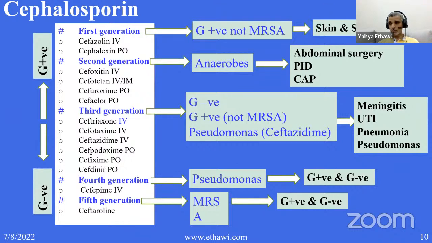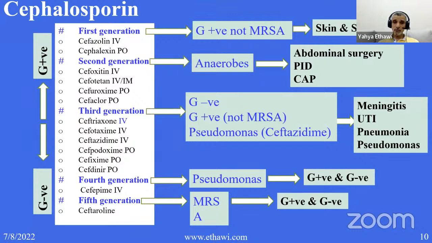They are very good for meningitis because they can invade the meninges. They are very good for UTI, pneumonia, and if you suspect Pseudomonas, you can use ceftazidime. But please remember, if you think of MRSA, then you should not use them.